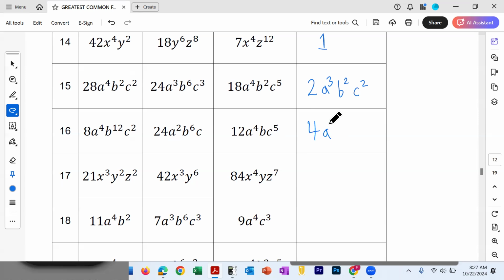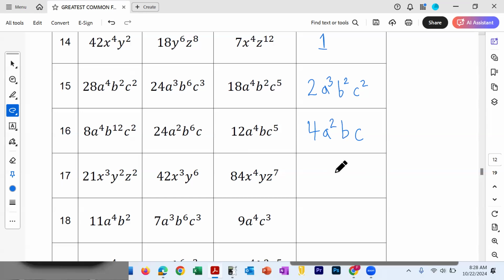All the terms got two. And the lowest for A is two. Good. Now two. Just C. So she used the lowest exponent for each letter since they all shared all three letters.